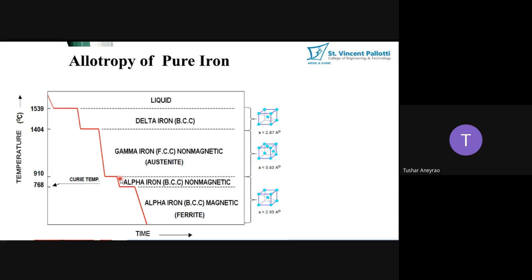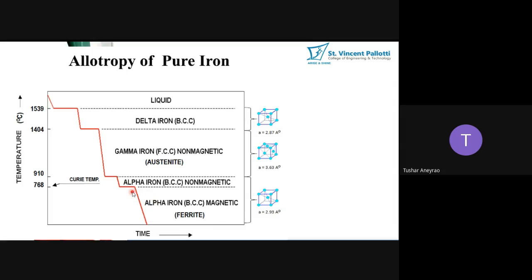It is always a mixture of iron and carbon, but as the carbon percentage is very low, alpha iron is called the purest form of the iron.